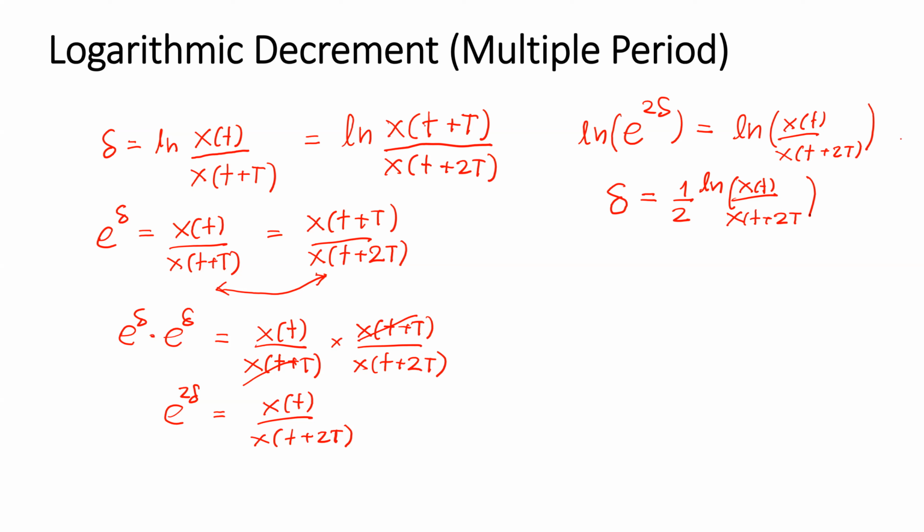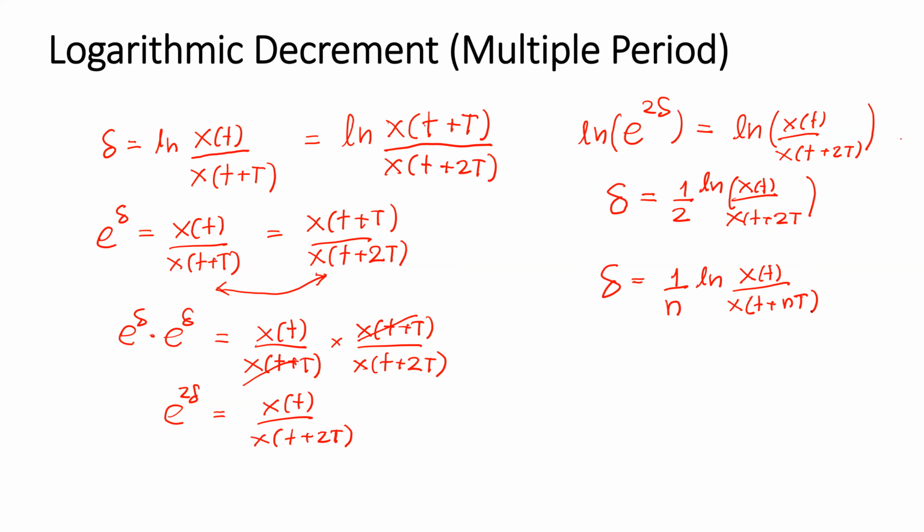What if we consider n periods of time? The value of the logarithmic decrement never changes with the number of periods, because it will be divided by the number of periods, and the log value will be like this.